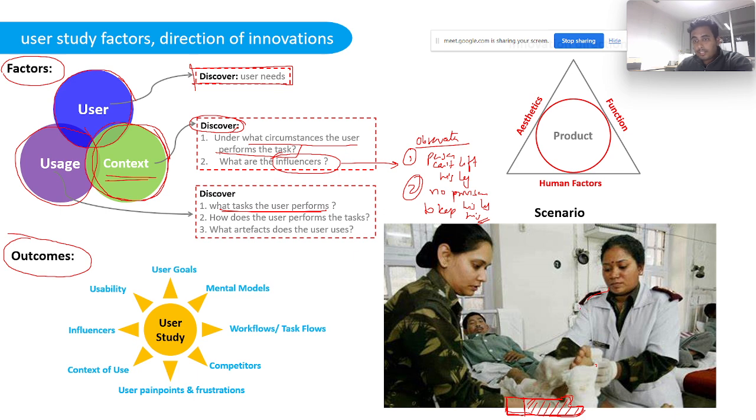Probably the very first set of activities is just cleaning the wound site, then preparing the wound site for applying the gauze, and after that she will do some other therapy or treatment. All those observations are required when you do a user study. So basically you try to identify the uses of activities, uses of the product.